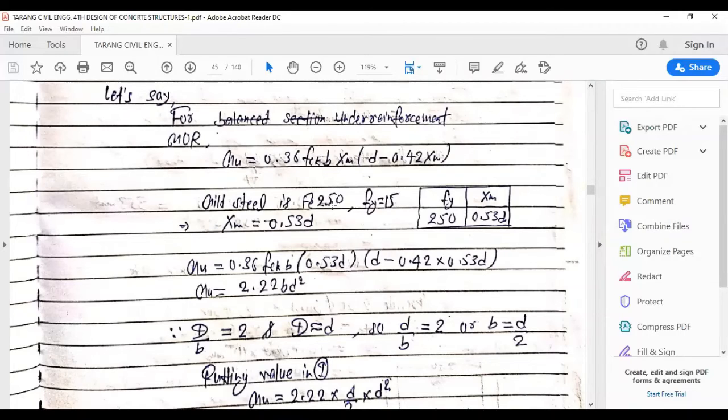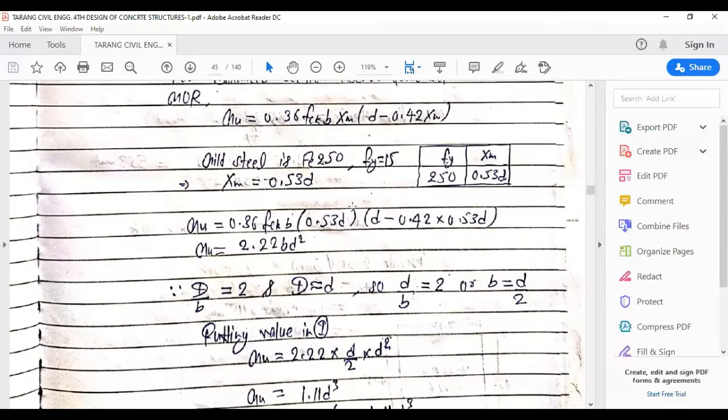And mild steel is Fe250 and fck is 15. This is fck, not Fy. From table, as I mentioned earlier, of the code, Fy for 250, the value of xm is 0.53 d. So xm in terms of d is xm equal to 0.53 d.